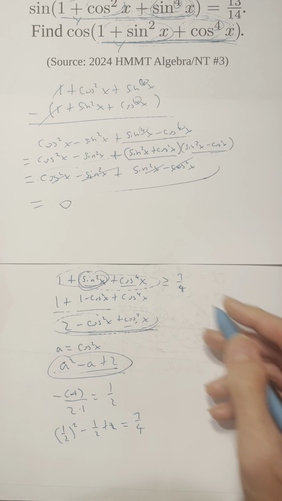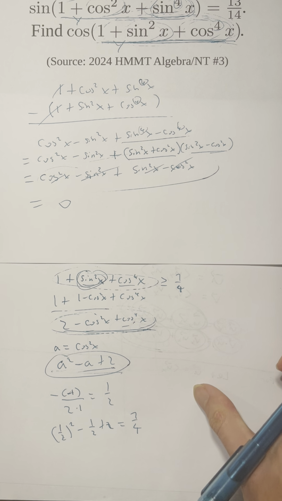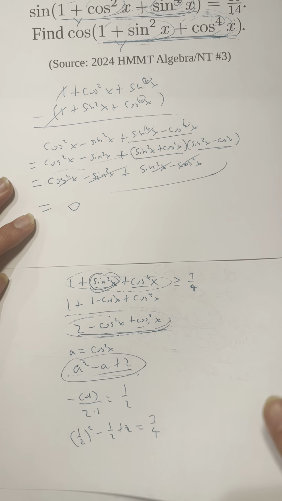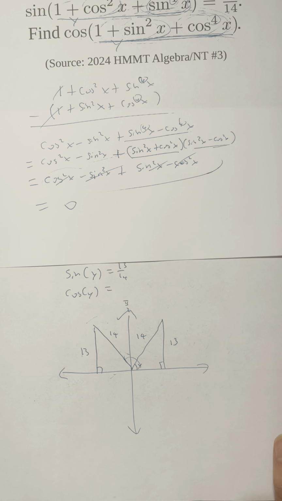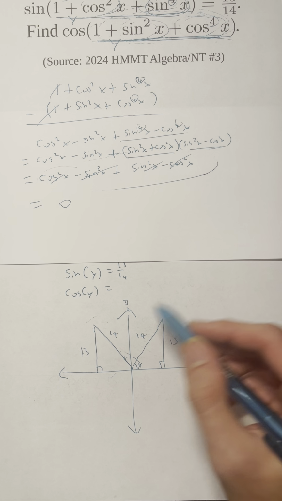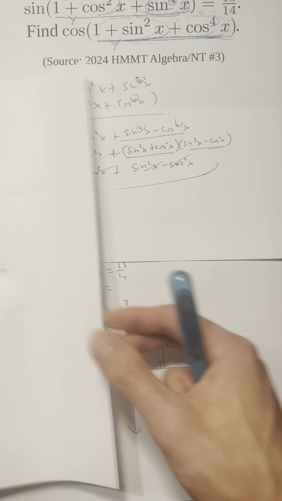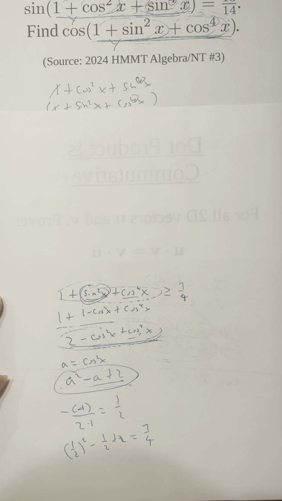And why were we looking for the minimum again? We wanted to know which quadrant we were working with, which triangle to use. If the minimum was more than pi halves, we would be in this quadrant. So let's go ahead and check. Is 7/4 more than pi halves?